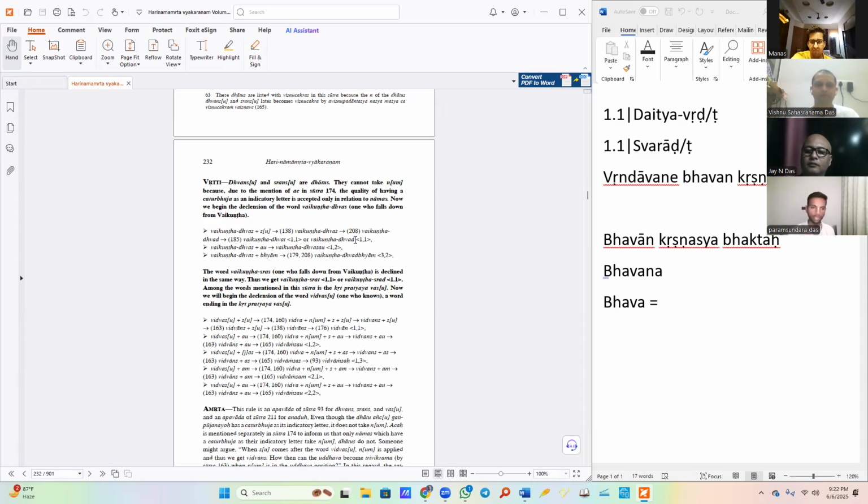So the knowledge of Harinamamrita also, the concepts and everything, are like the waters of Ganga. If something originates in chapter 1, it will be carried forward in chapters 2, 3, 4, 5, 6, 7, the last. If something is originating in chapter 2, then it will be carried forward in the next chapters 3, 4, 5, 6, 7.